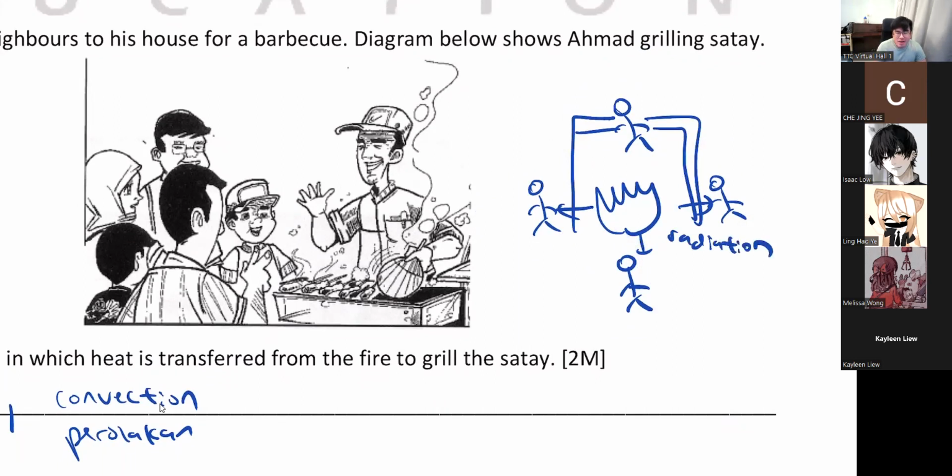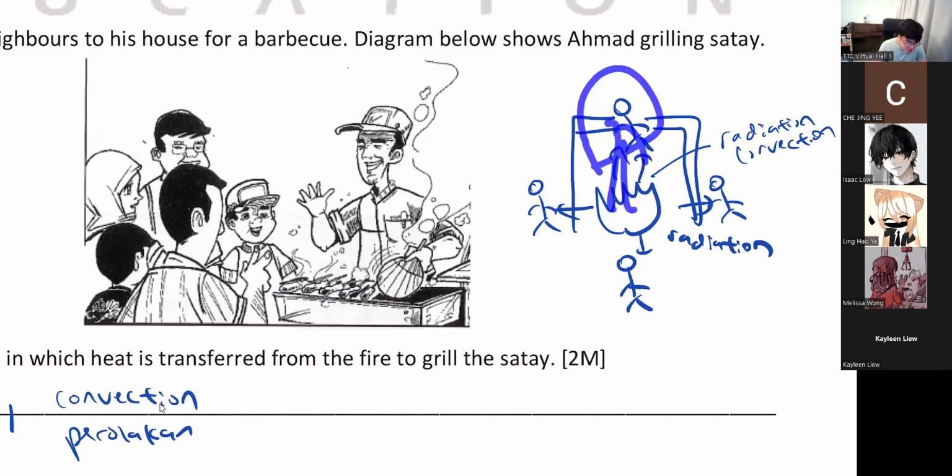But if you're above the fire, there are two methods of heat transfer: radiation and convection. You know what convection is, right? Because hot air rises, you feel the heat from both convection and radiation, so you get more heat.